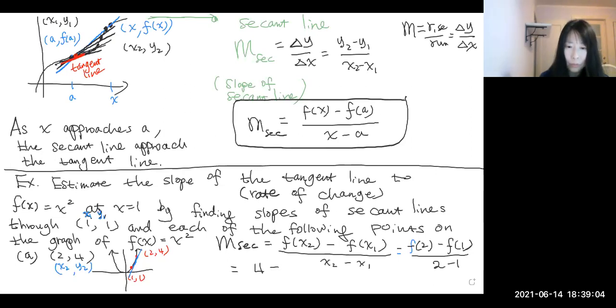I think it's 1. It's 1 because f of 1, we plug in 1 into the function, 1 squared, which is 1. Okay. So it's 4 minus 1 over 2 minus 1, 3 over 1, which is 3, right?